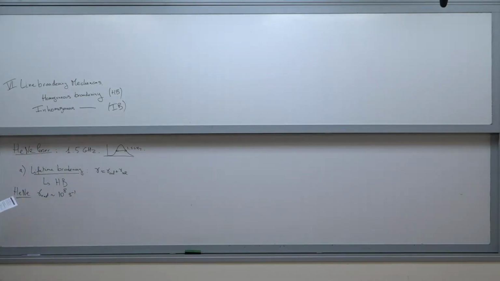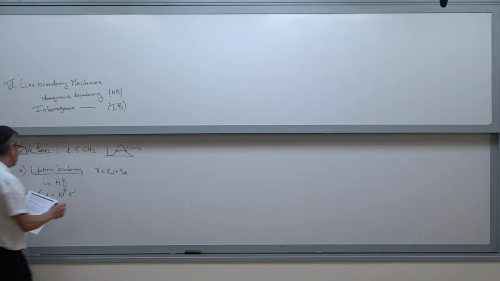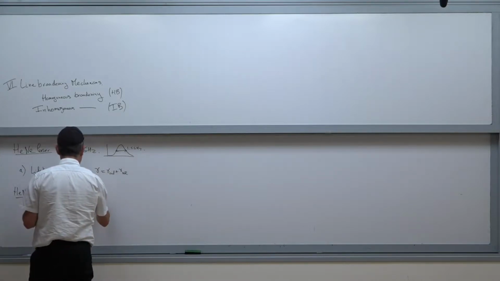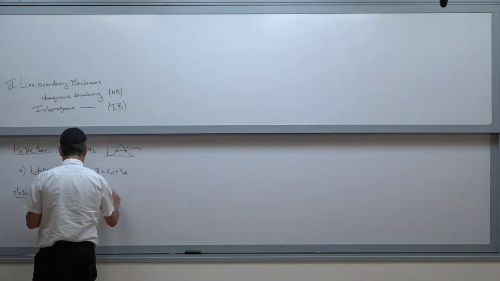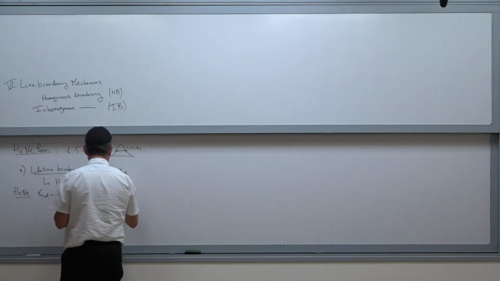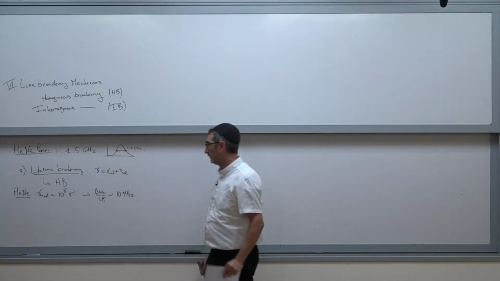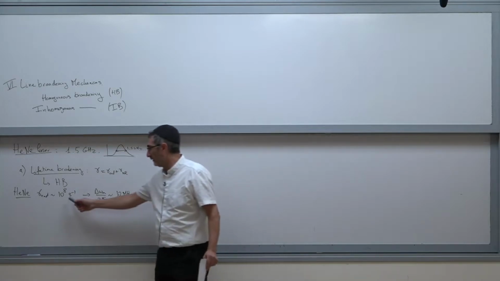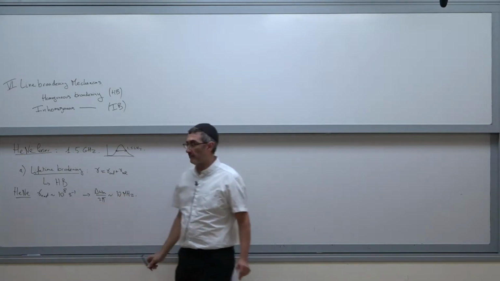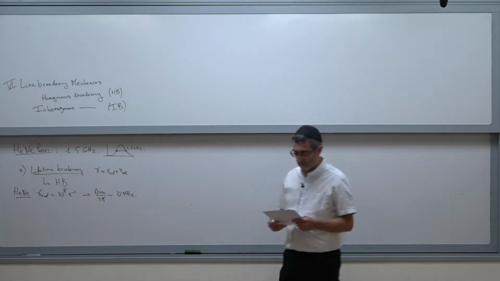That gives you a frequency. So delta omega A over 2 pi is about tens of megahertz. That's typical for a gas laser. This is the typical decay rate.